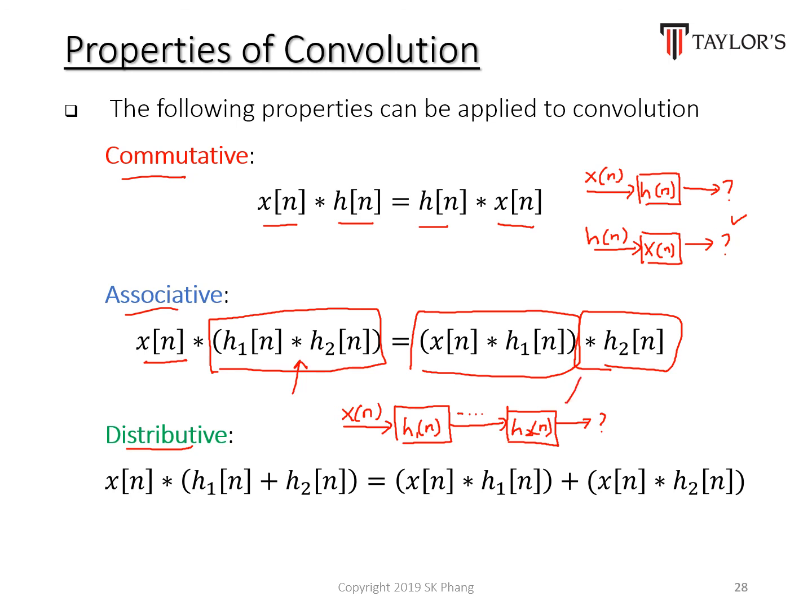x[n] convolute h1[n] and convolute h2[n]. This is the representation on the right. But now this associative law tells you that it is the same as convoluting both systems together first, then only you convolute through the x[n].